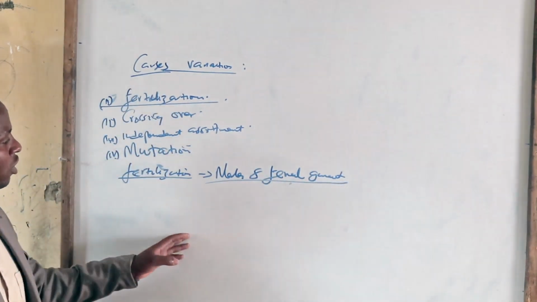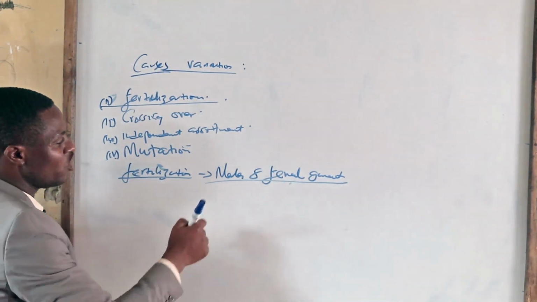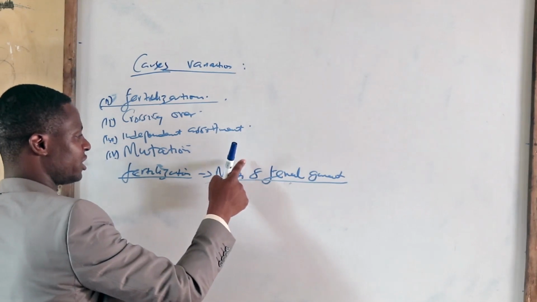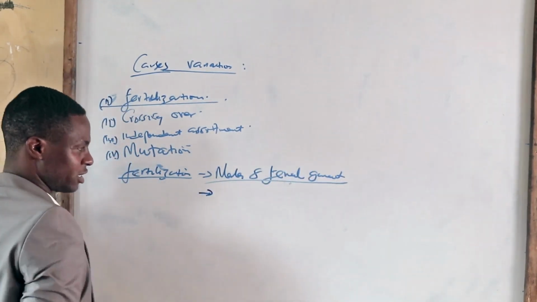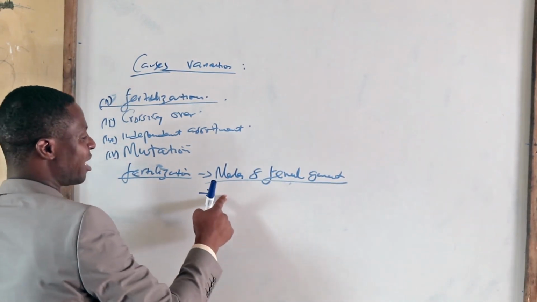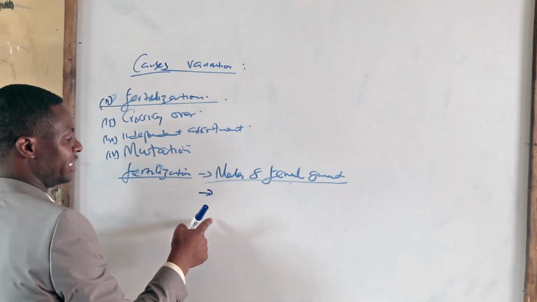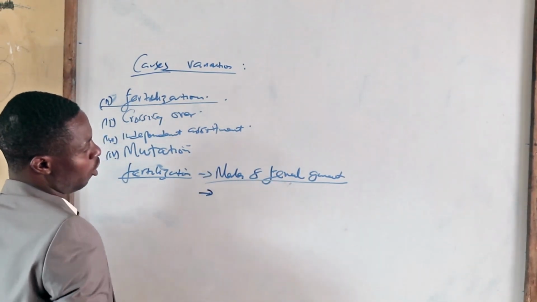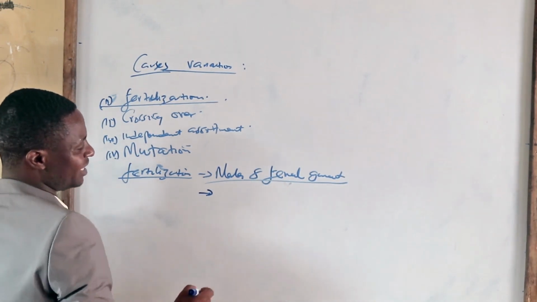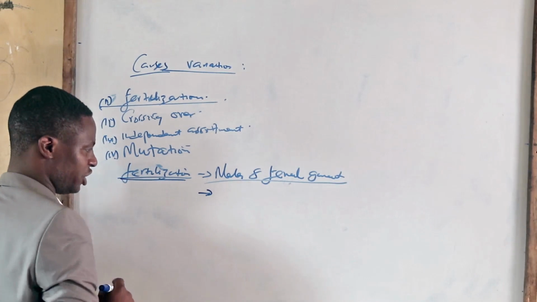Fertilization is the fusion of the male gamete and the female gamete, that is the nucleus of the male gamete and the nucleus of the female gamete. For human beings, it is the fusion of the sperm cell and ovum to form a diploid zygote. The moment the sperm cell fuses with the ovum of a female, they form a diploid zygote. That is what we call fertilization.